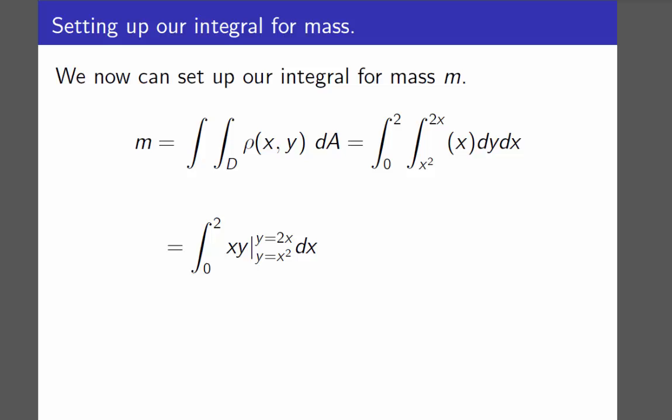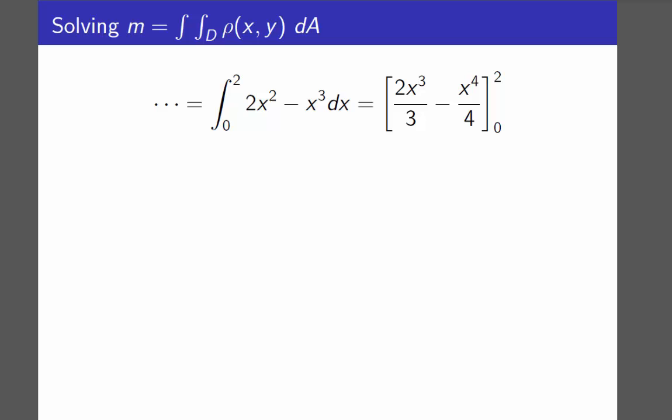From here, we just evaluate the inner integral as we usually would for a double iterated integral. So doing this, we obtain that our mass is equal to 4/3.